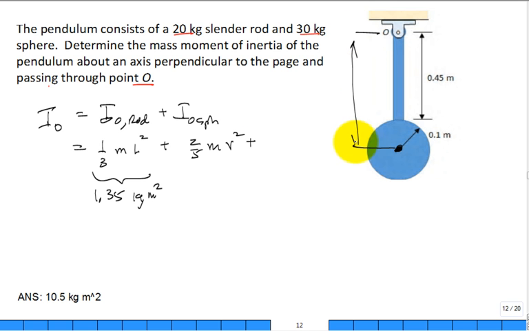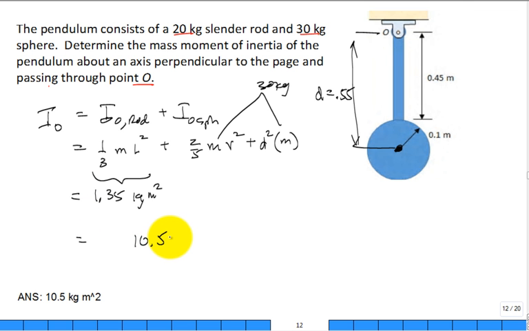And the distance that we move up, that d squared, is 0.55 squared, right? Times the mass of the sphere, which is the 30 kilograms. And when you do that, the sum of them comes in at 10.5 kilogram meter squared. So this was, what was this?